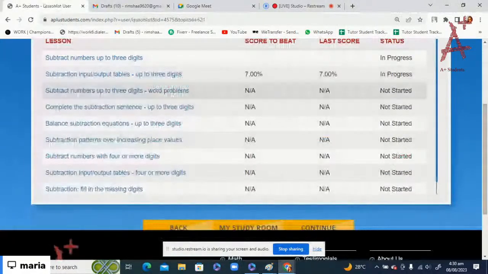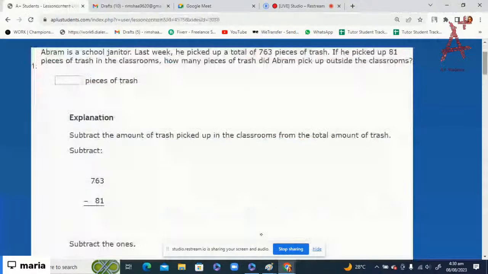Subtract the numbers up to 3 digits. Okay. And here are the word problems. Okay. So Ibrahim is a school janitor. Last week he picked up a total of 763 pieces of trash. How many total pieces of trash did he pick up last week? 763.